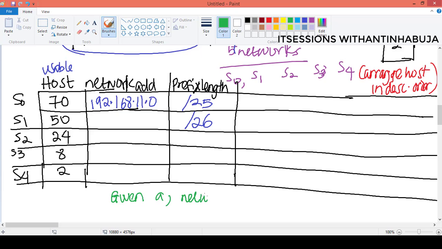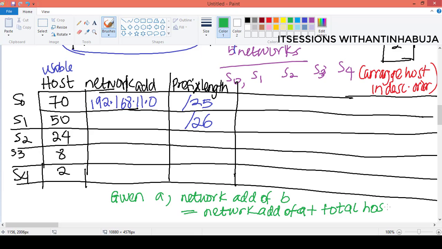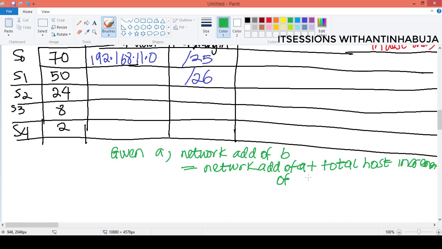Network address of B is equal to network address of A plus total host increment of A. Now for here, our A is S0, and we're given a network address of 192.168.11.0.